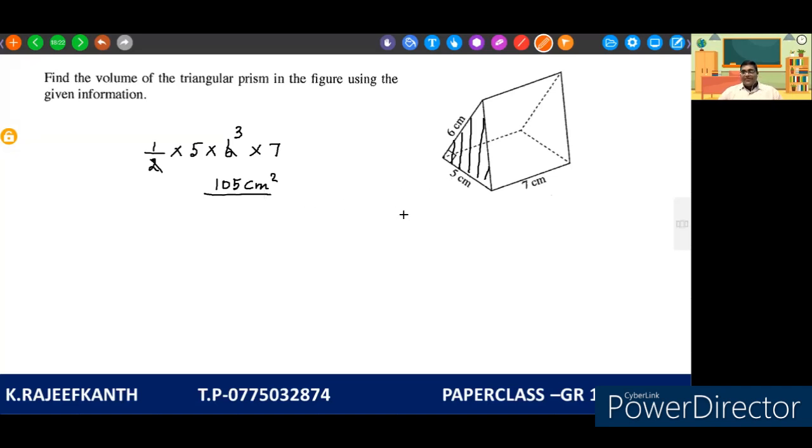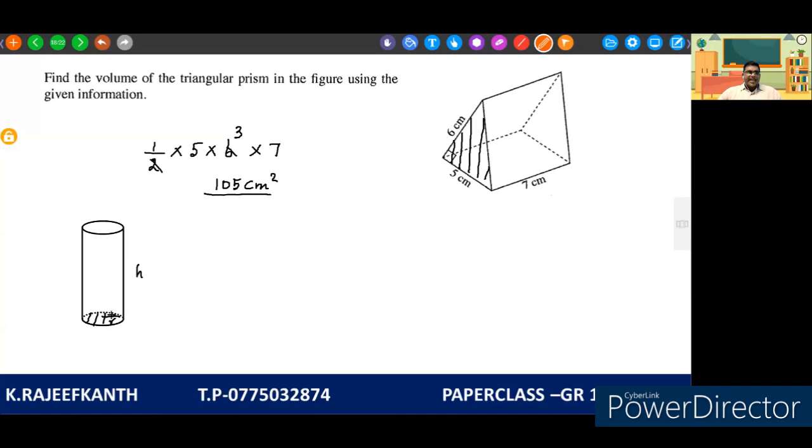So you have to remember always when you are finding the volume of similar cross section solids, for example cube, cuboid, cylinder, triangular prism, the cross sections are similar. When you are finding the volume, you have to multiply the area of cross section by the height of that solid. Here, if you want to find the volume of a cylinder, the radius is r and the height is h.